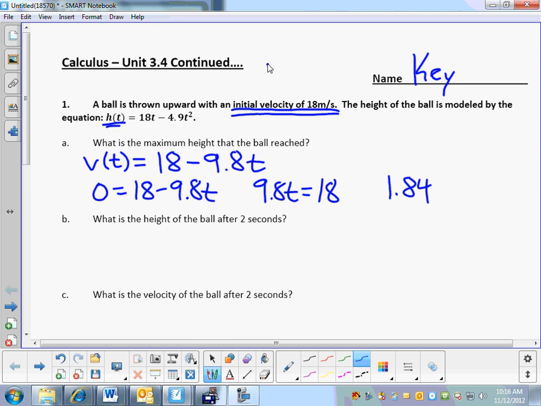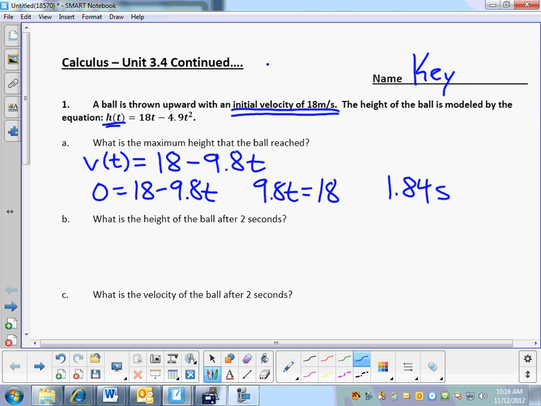What did I just solve for? It's the time. After 1.84 seconds, the ball has reached its maximum height.